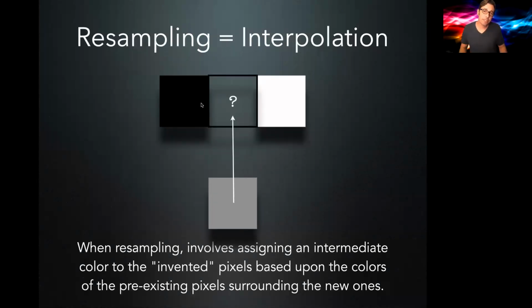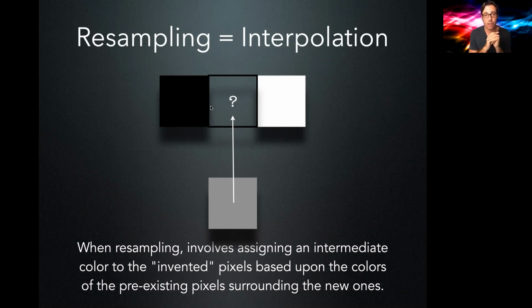So resampling and interpolation are really interchangeable terms. When you resample something, you're asking Photoshop to invent. And here we have an example where we've taken a file and expanded it. When we expand it, we're leaving a bunch of holes, and Photoshop has to fill those holes with something.